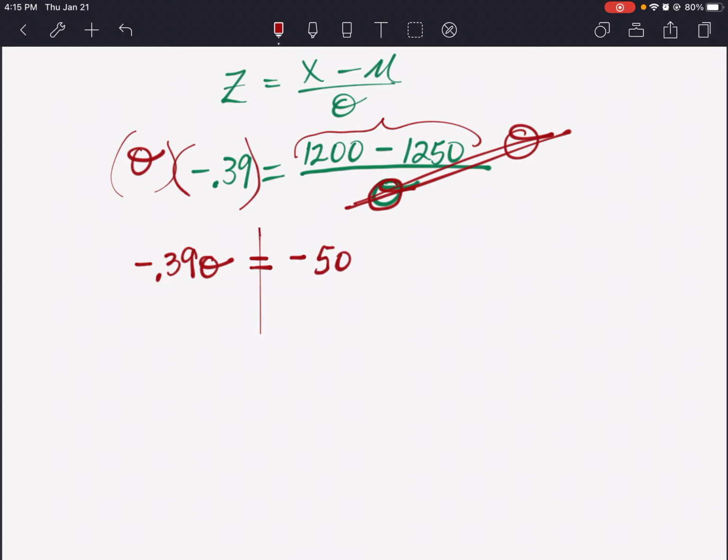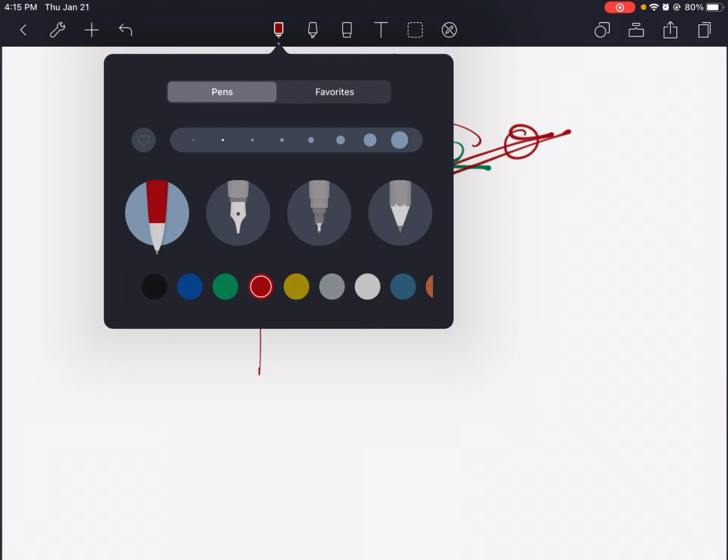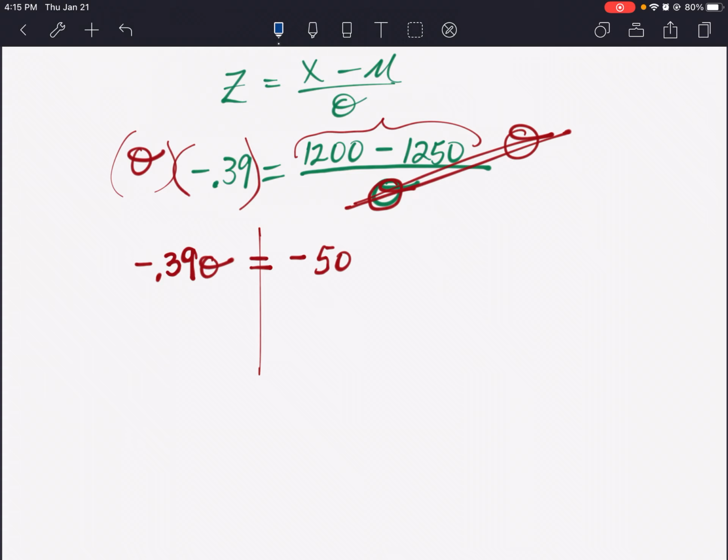All right, so now how do you solve this? If you have negative 0.39 standard deviations equals negative 50, well, I hope you know that we end up dividing by this negative 0.39 to get rid of it. Divide by negative 0.39.